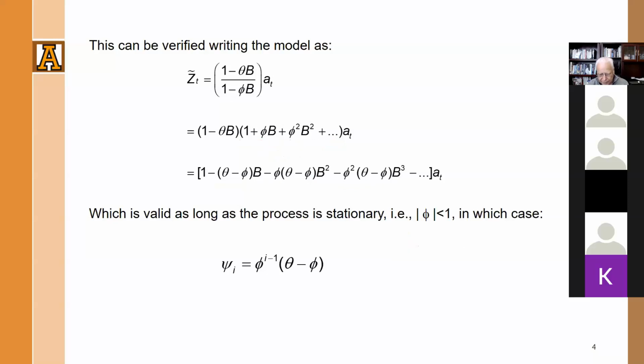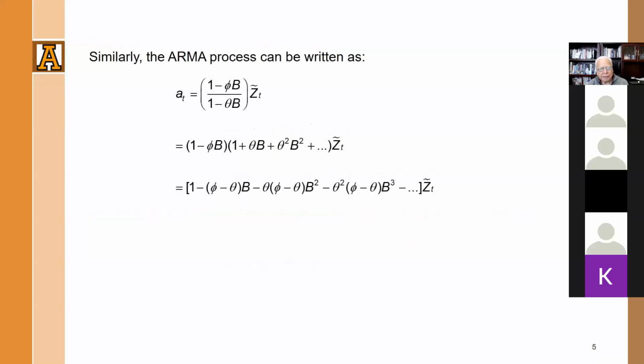Now, on the other hand, if the process is invertible, then I can write A_t as (1 minus phi B) over (1 minus theta B), where this is (1 minus theta B) inverse. And when I do the multiplication, I get something similar to what we got when we had the psi weight representation.